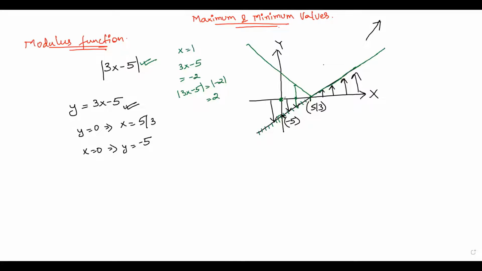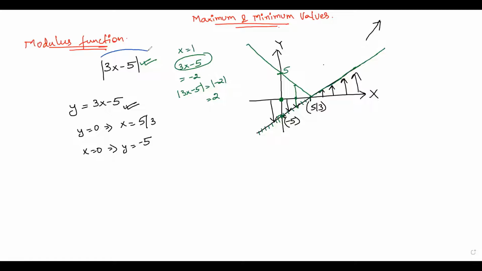In a similar way, at x equal to 0, 3x minus 5 would have given us a value of minus 5, whereas mod of 3x minus 5 would have given us a value of mod of minus 5, that is plus 5. So that means this minus 5 would have become plus 5 and so on. So all these negative values of y would have converted to positive values of the same magnitude.